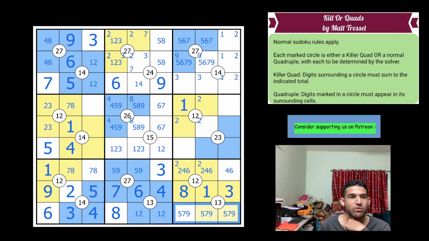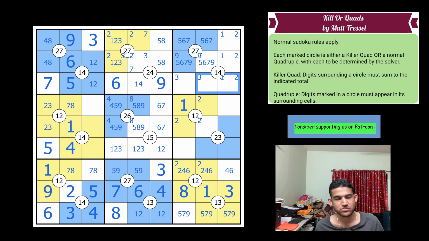Is there any killer quad clue I'm yet to make use of? This is not yet known, right? The identity of this. That's good, guys.